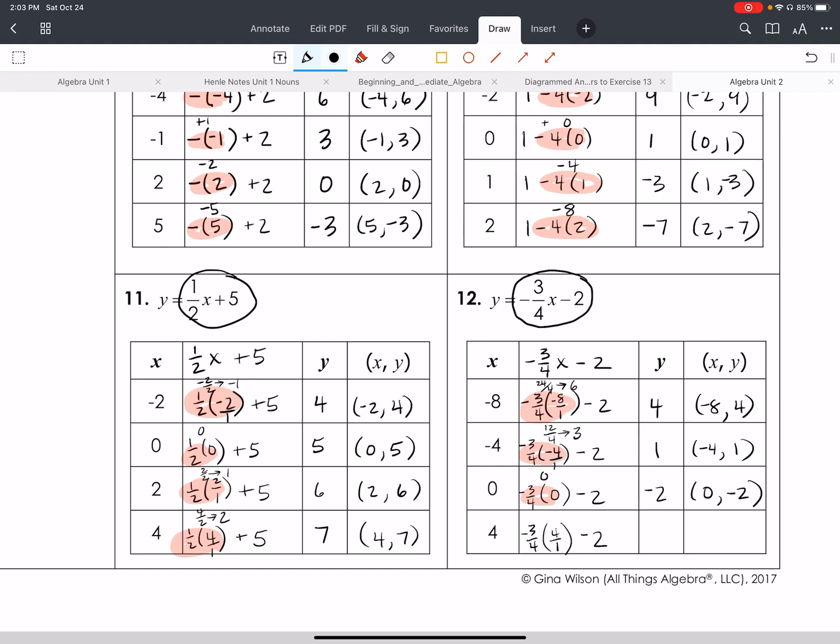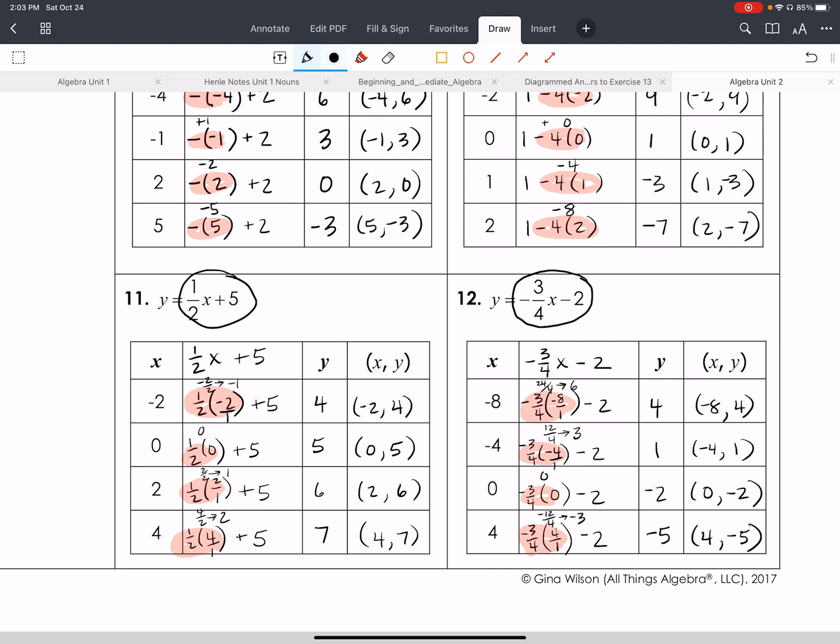And then I subtract 2, doing the multiplication first. -3 times positive 4, right? I'm going to end up with a negative answer. So I'm going to write -12, and then 4 times 1 is 4. -12 over 4. So -12 divided by 4 is -3. So -3, take away 2 more is -5. So when I have a 4 as my input, my output will be -5.